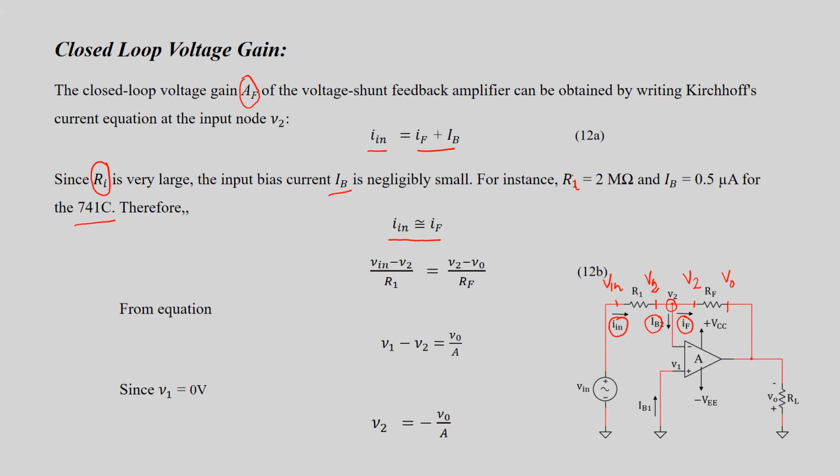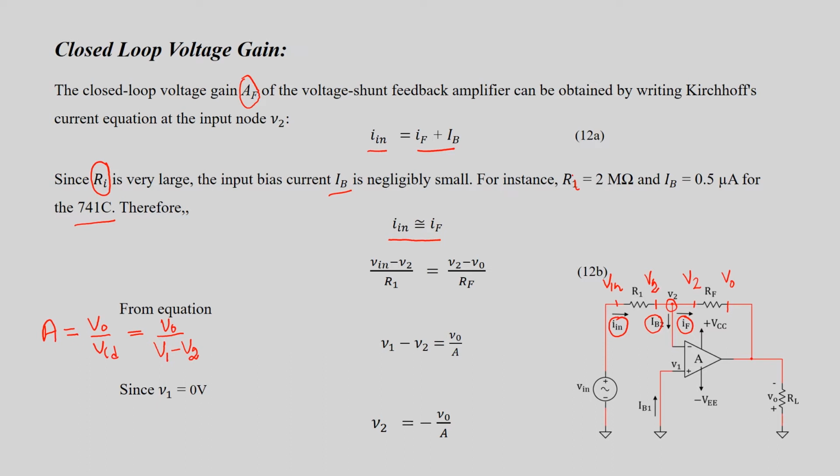We also know that A is equal to V naught by VID, and from here we can say V naught by V1 minus V2, where VID is the differential voltage between the positive and negative terminals of the op amp.